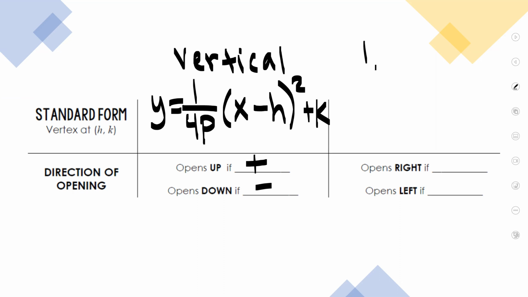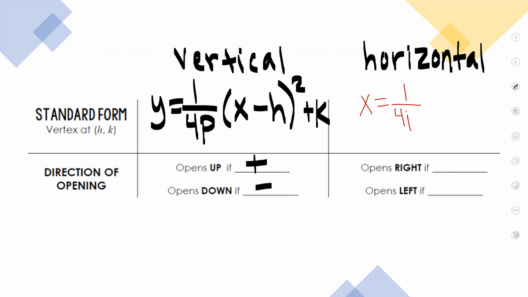Now, let's talk about if it's horizontal. It's either opening left or right. For the horizontal one, it'll be x equals instead of a y equals. It'll still be 1 divided by 4 times the p-value. This time, y is on the inside with k. h is on the outside.